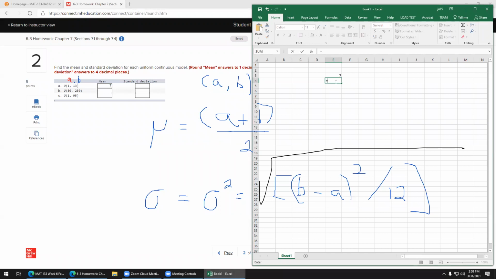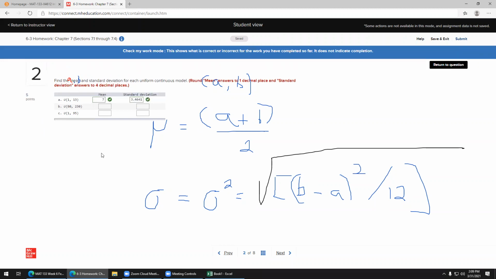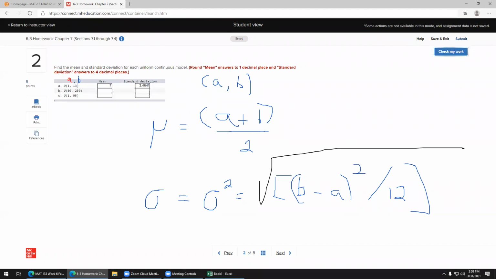So equals parentheses B, which is 13, minus A, which is 1, close parentheses, squared, divided by 12. Then I take the square root, SQRT, of my variance, and I get 3.4641. Right, so that's what you'll do for all of these, using the formulas for mean and standard deviation.